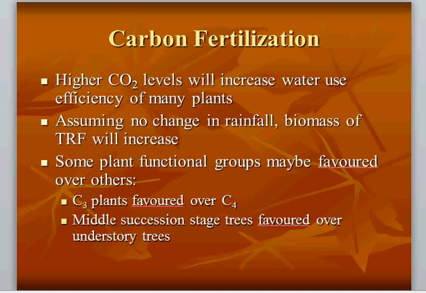Middle successional stage trees tend to be favored over understory trees. Okay? These middle successional stage trees will be able to utilize the light which they have access to fully capitalize on this carbon fertilization.